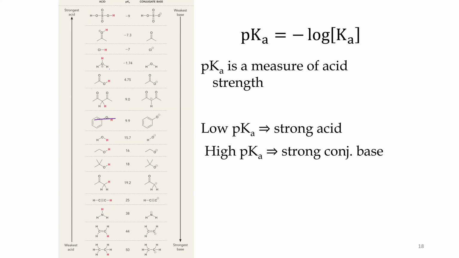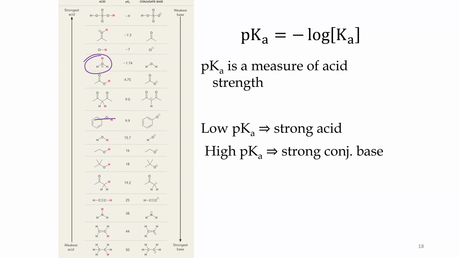So hydronium has a pKa of negative 1.74, which means anything that's more negative than that is going to act as a strong acid in water. Basically, the lower the pKa, the stronger the acid. The higher the pKa, the stronger the base, the stronger the conjugate base is.